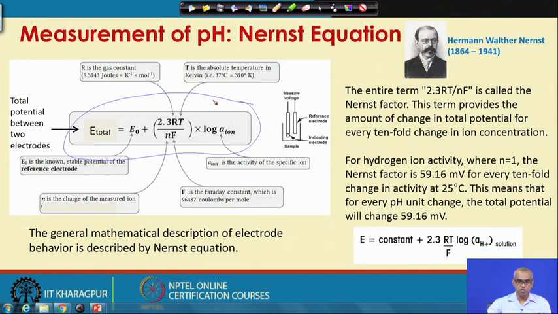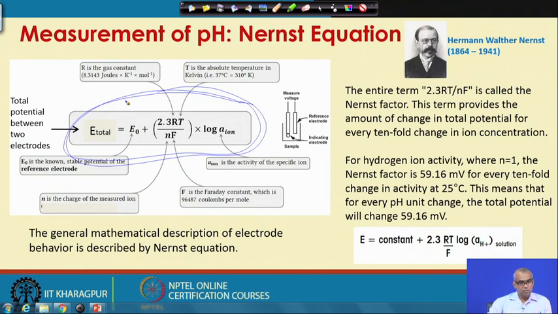You take two electrodes, this equation tells you the potential that is formed between them. So, I have a measuring electrode, I have a reference electrode. The potential formed between these two electrodes is E equal to E0 plus 2.3 RT by nF into log hydrogen ion concentration or relevant ion concentration.